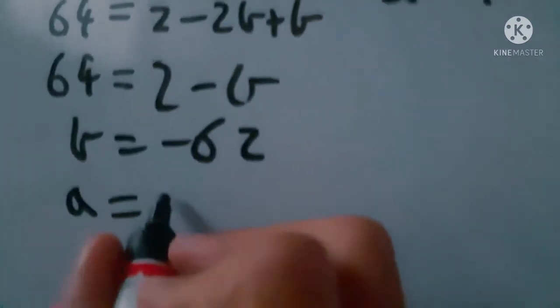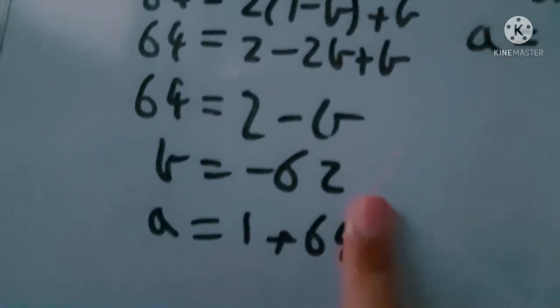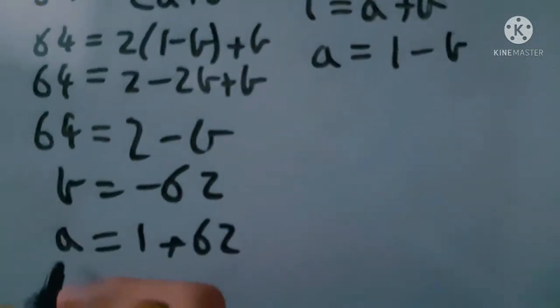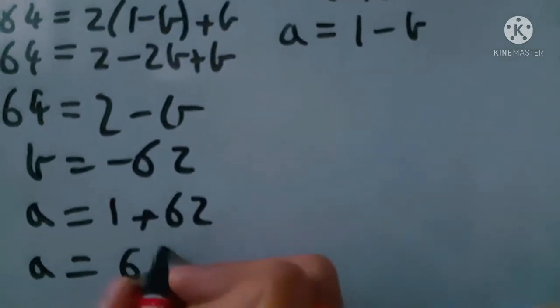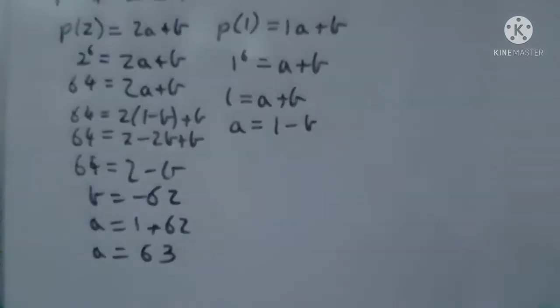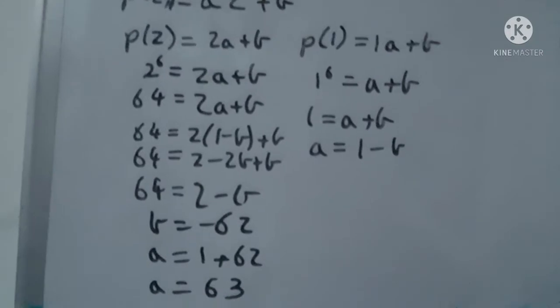Equal to here, 1 plus 60. No, I'm wrong. I'm so wrong. 62 is 63, if I'm not mistaken. Right? Yeah, I think that's correct. That sounds about right. And this is not it, right? We're not told to find the values of a and b.